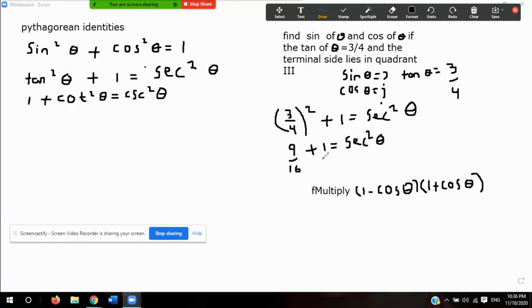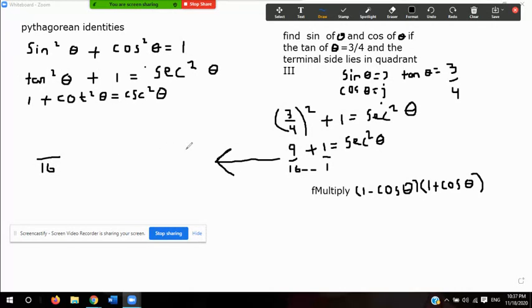I'm going to draw an arrow indicating that I'm continuing the problem on this side. We're going to use the butterfly method. We write the 1 over 1, and we multiply 16 times 1, which is 16.